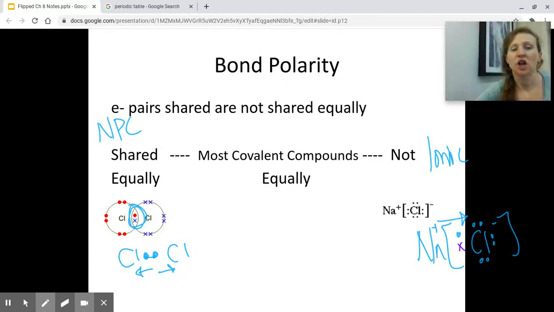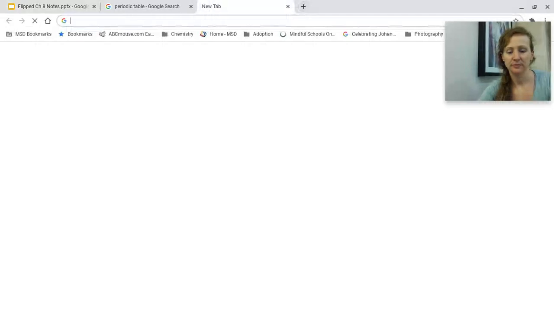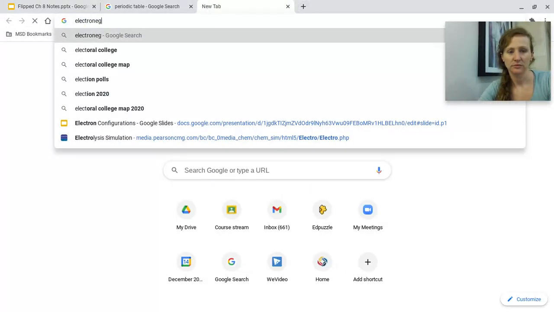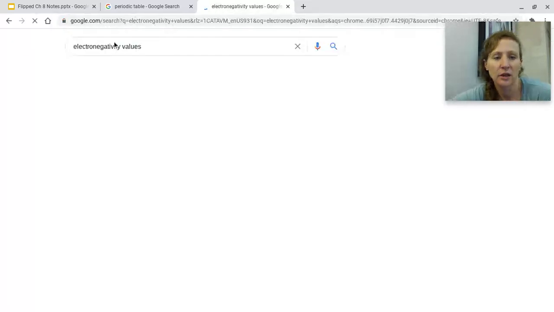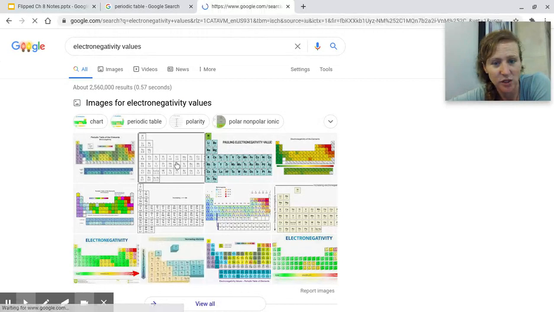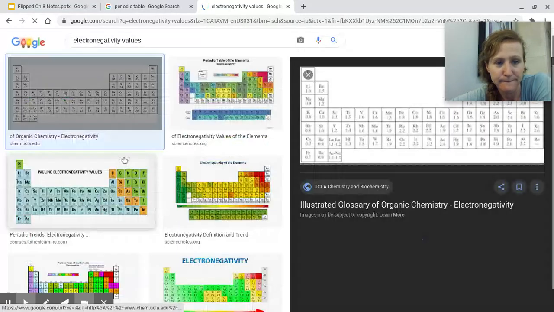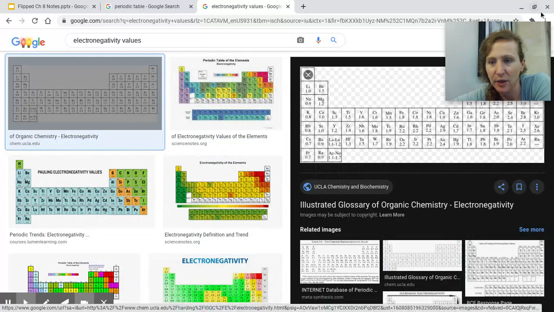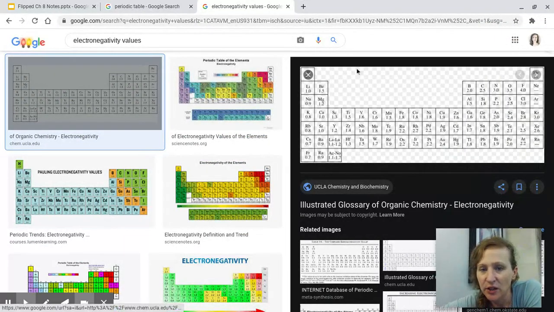If we look at a chart of electronegativity, look at chlorine. Chlorine is a 3.